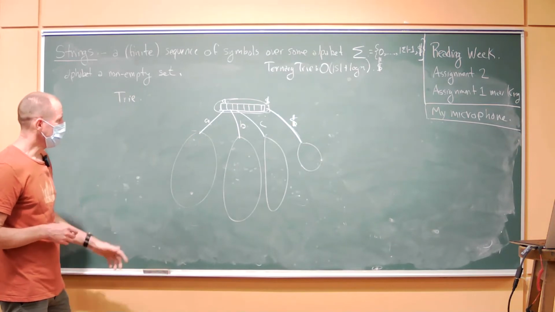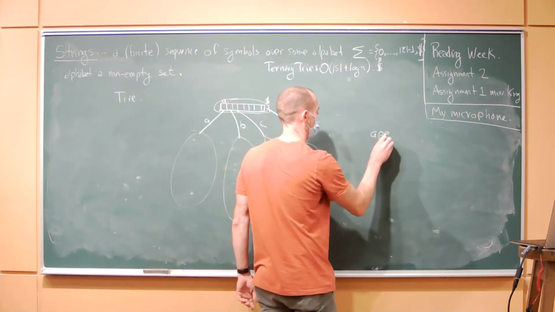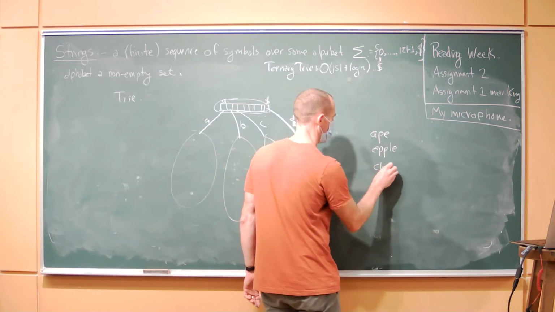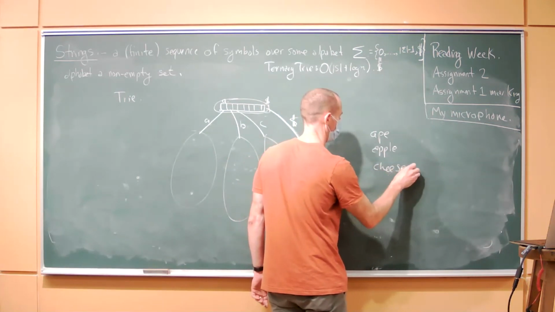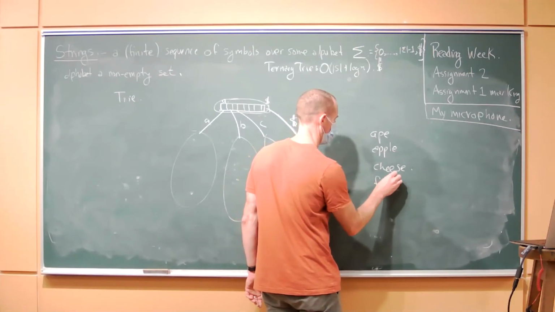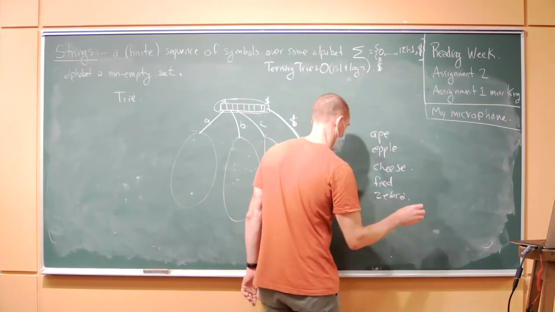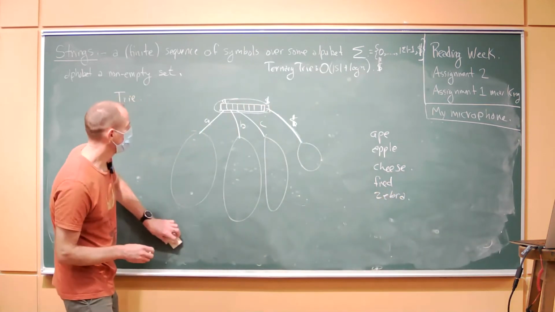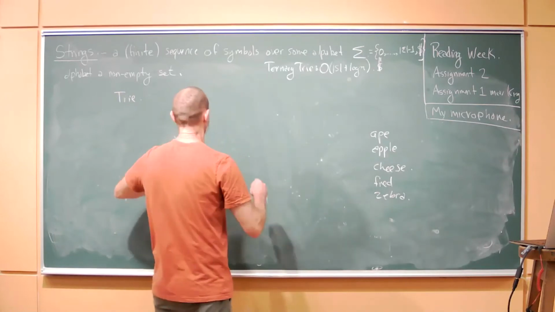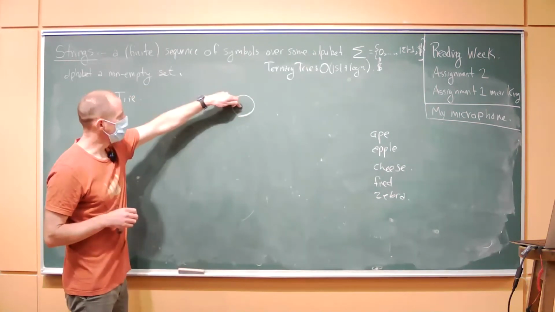All right. So then you get a structure that looks like this. There is a node that corresponds to the first character.